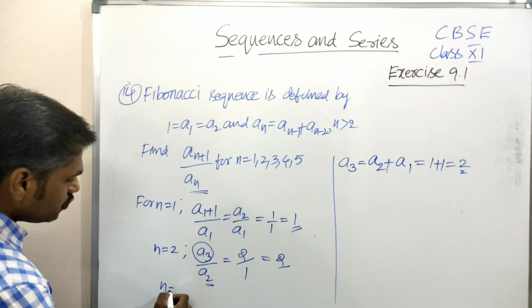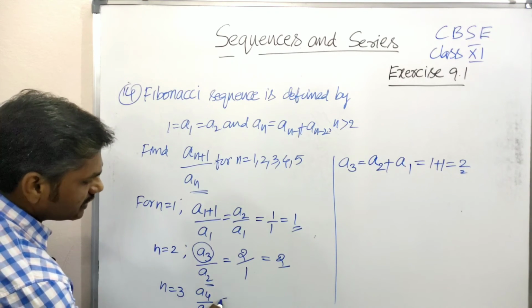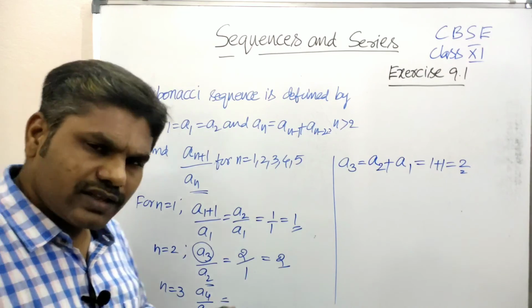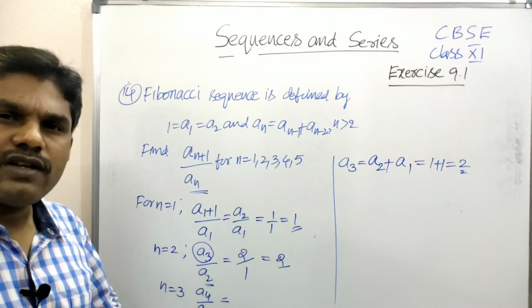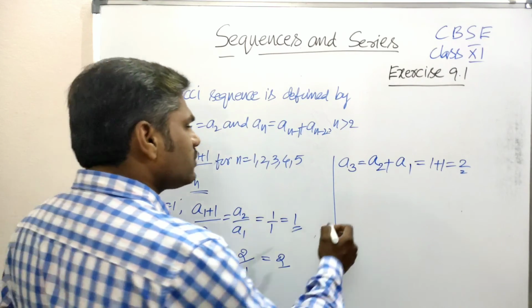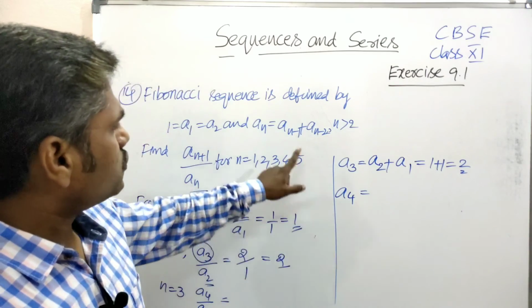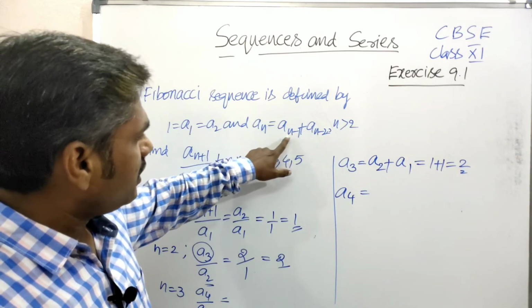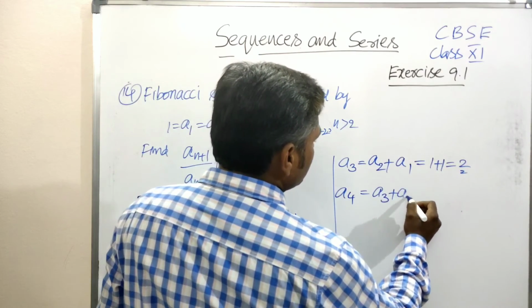For n is equals to 3, it will become a4 by a3. You know the value of a3, which is the third term, but we don't know the value of the fourth term. Now going to find the fourth term. a4 is equals to, by using the nth term, a(4 minus 1) plus a(4 minus 2), that is a3 plus a2.